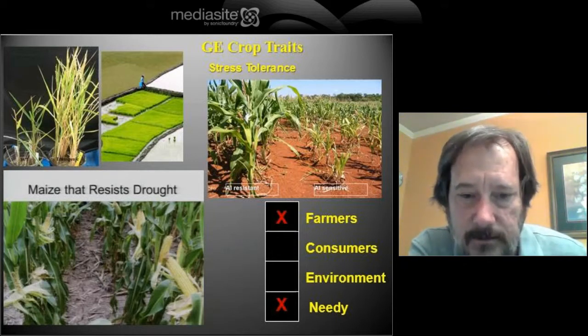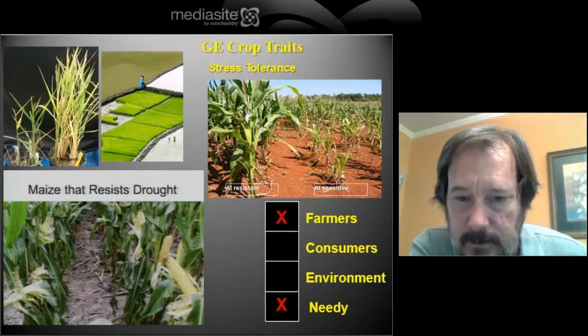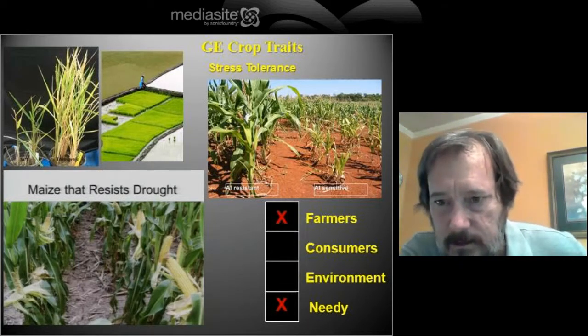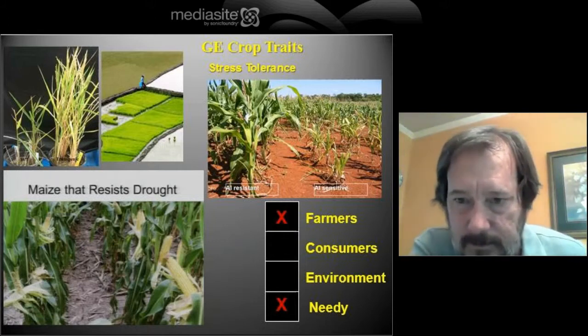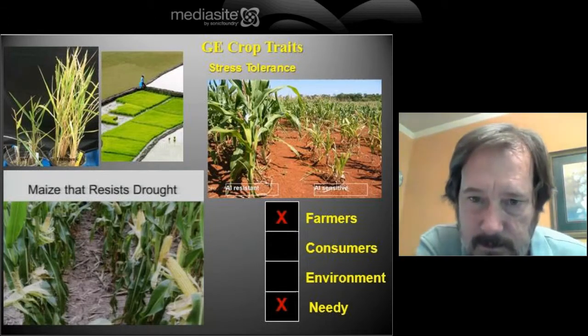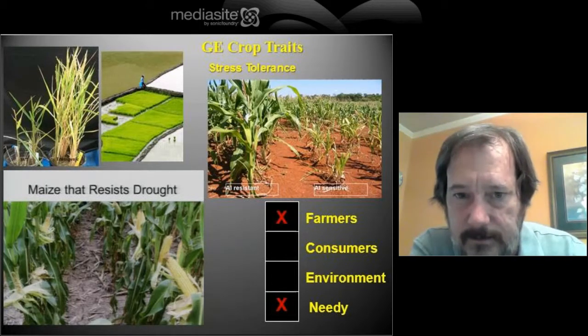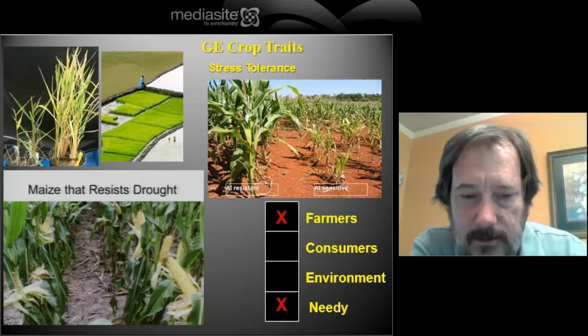And on the bottom you have crops that might be able to resist drought, and that could become even more important with climate change. So certainly those type traits could benefit farmers, and especially the needy in countries that are dealing with the effects of climate change and have limited technology to deal with that.